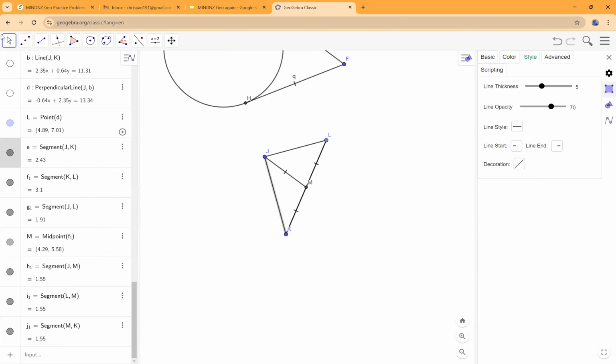And the reason is because, okay, I'll just quickly mark that this is a right angle.